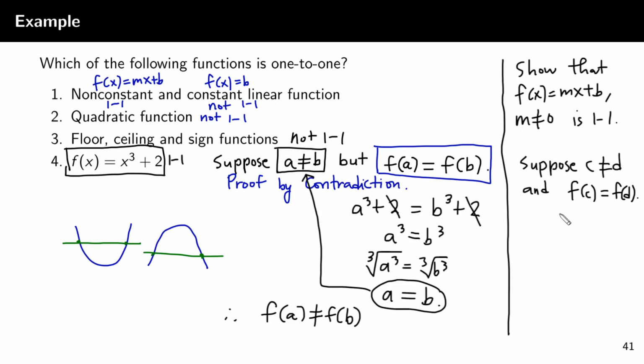So what is f of c? That's just mc plus b. And f of d is just md plus b. Pwede natin i-cancel yung b. Meron akong mc equals md. Now, since m is not equal to 0, pwede nating i-divide yung both sides ng m.